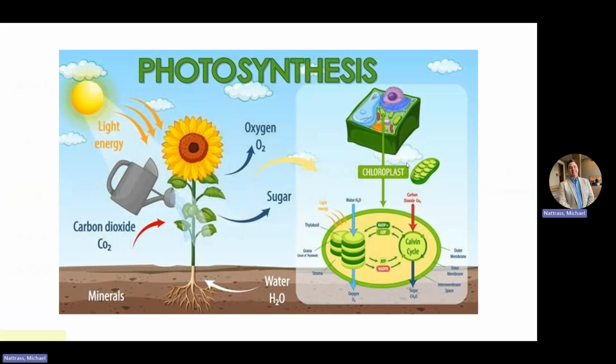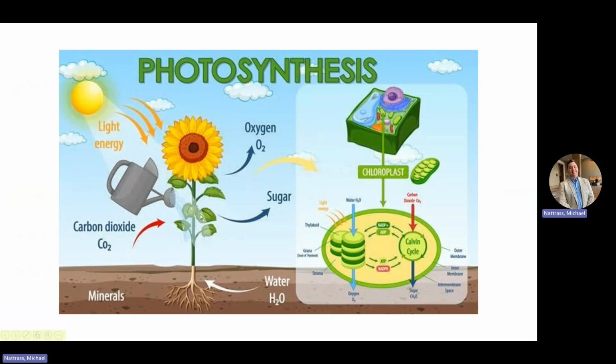Many of us are familiar with this from plant science. Again, a simple diagram: carbon dioxide in, we have water from the soil and nutrients. Light energy is then converted into a sugar, which can be used and stored in the rest of the plant, which is also where we get our energy from.